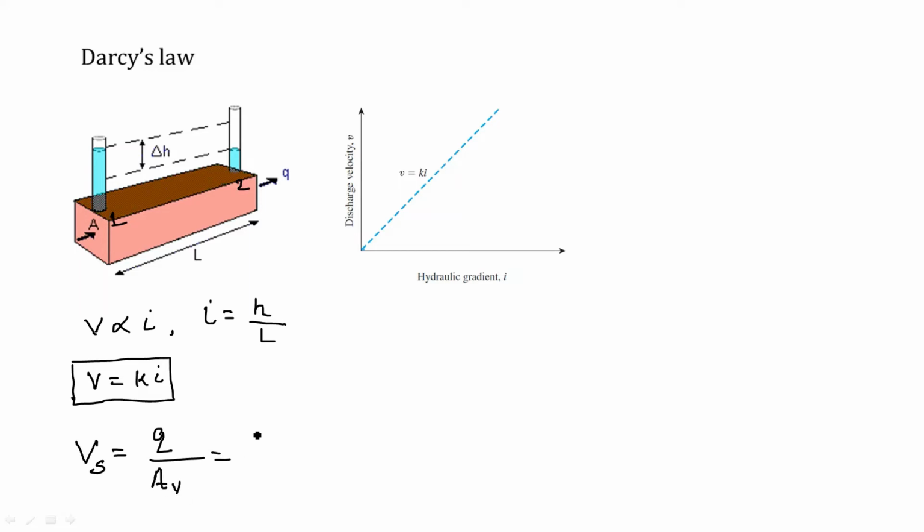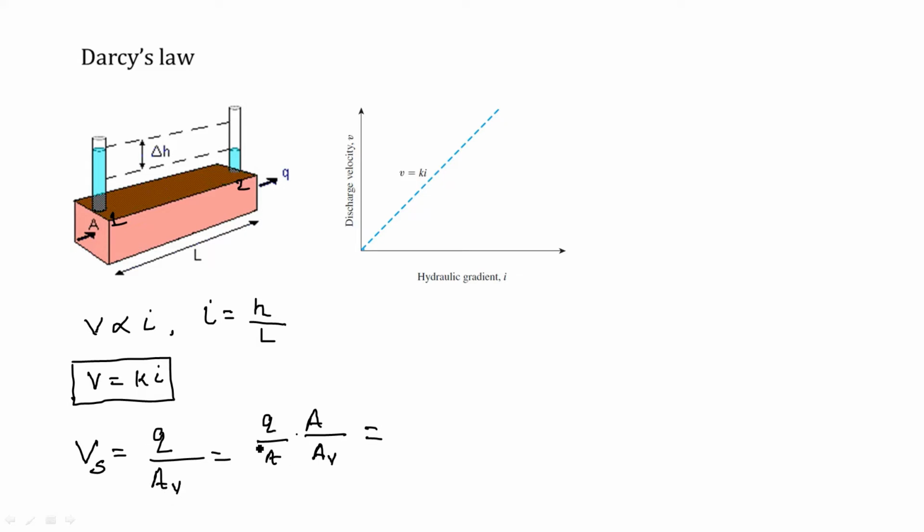We can write this as Q by total A into A by Av. This A will be cancelled out and it remains Q by Av.